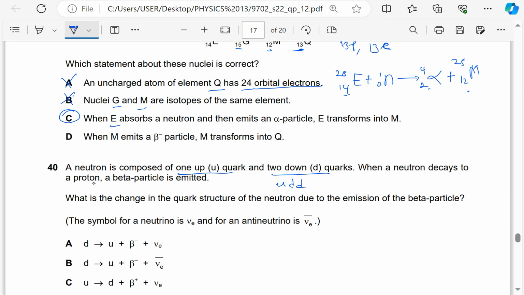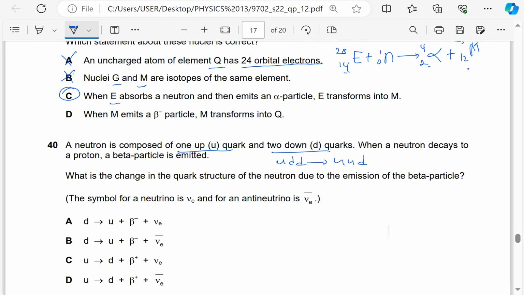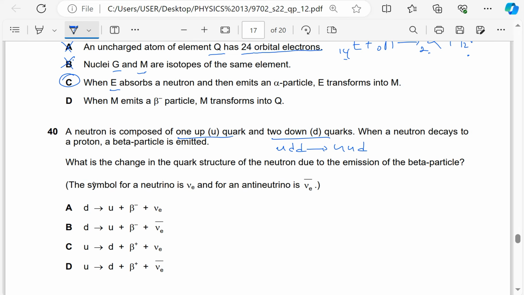It is a neutron changing into a proton, so this becomes up, up, down. So a down quark must be changed into an up quark. So we'll eliminate C and D. Down changes to up. But which particle is emitted here?